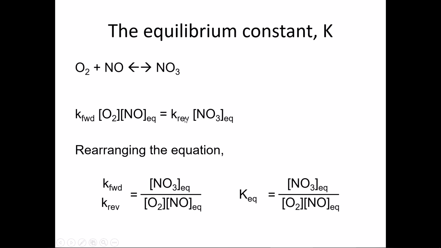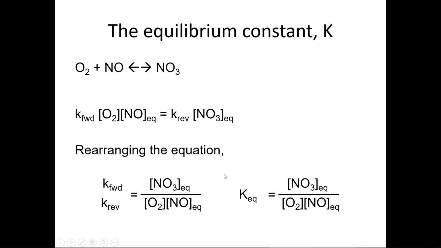So setting those two rates equal to one another and then rearranging to solve for our rate constants gives us a ratio of our products over our reactant concentrations. The ratio of the rate constant forward and the rate constant reverse is equal to the equilibrium constant, Keq.